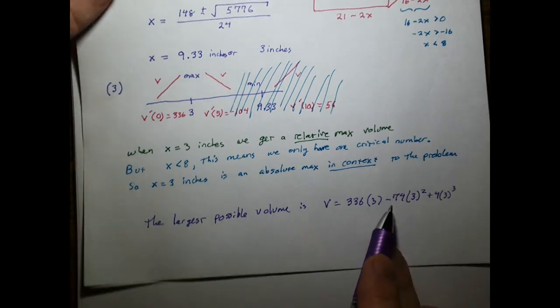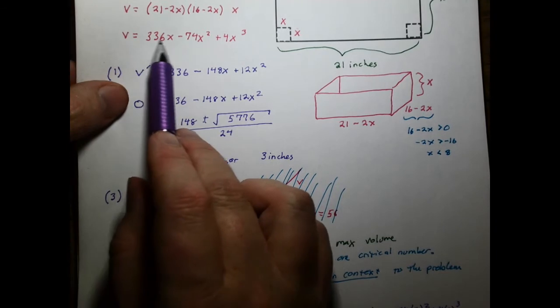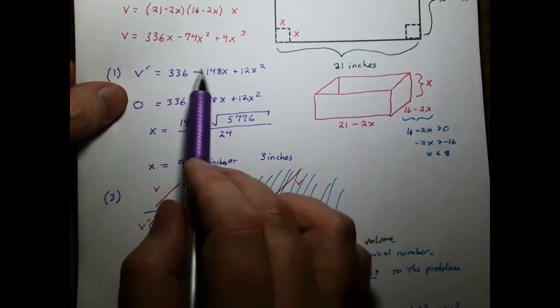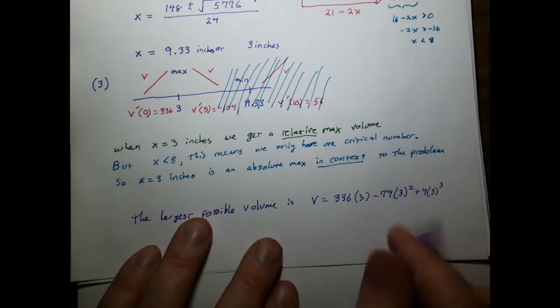And here the 3 is going to go into the original volume formula, not the derivative. The derivative tells you increase or decrease. The volume formula tells us the actual volume.